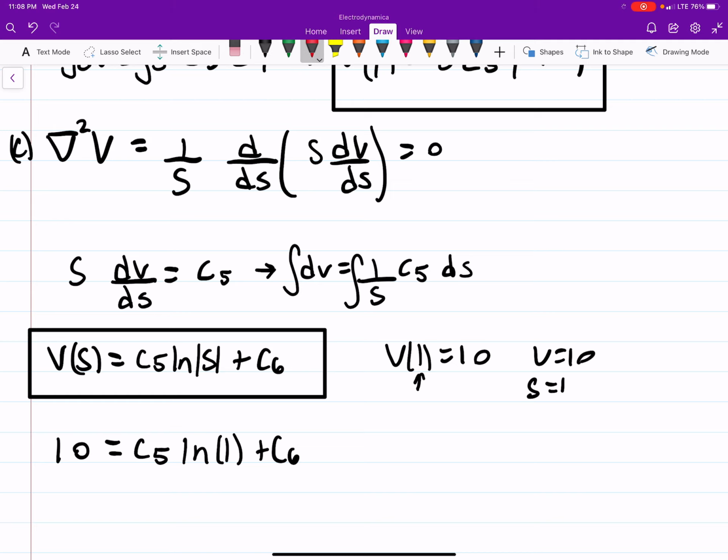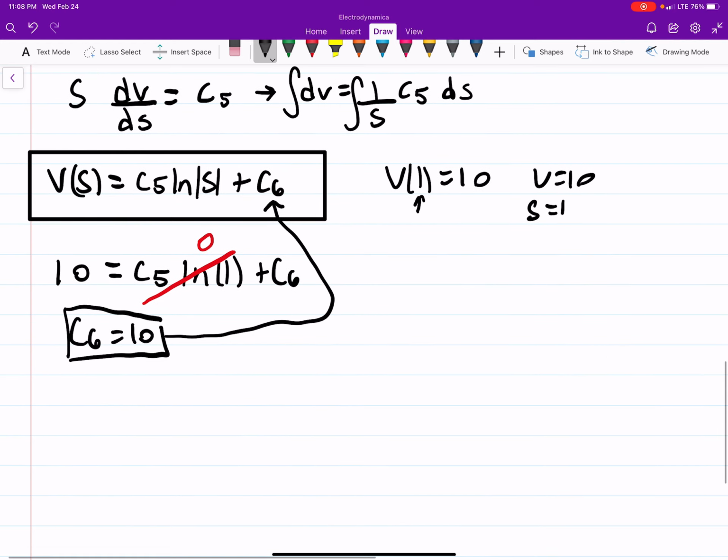But the natural log of 1 is 0, so this is all 0. So that tells us our constant c6 is equal to 10. So I can plug that right in there. So our potential as a function of s is this constant c5, the natural log of the absolute value of s, plus 10.